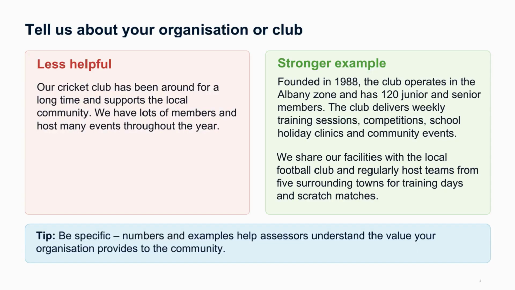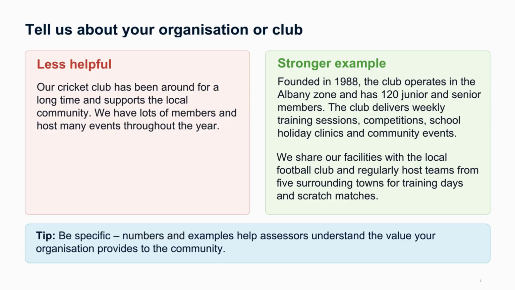When describing your club or organisation, be specific. A weaker description might simply say, the club has been around for a long time and has lots of members. It's hard for an assessor to picture that. A stronger version brings it to life. Founded in 1988, operating in the Albany zone with 120 junior and senior members, delivering weekly training, competitions, holiday clinics, and community events.